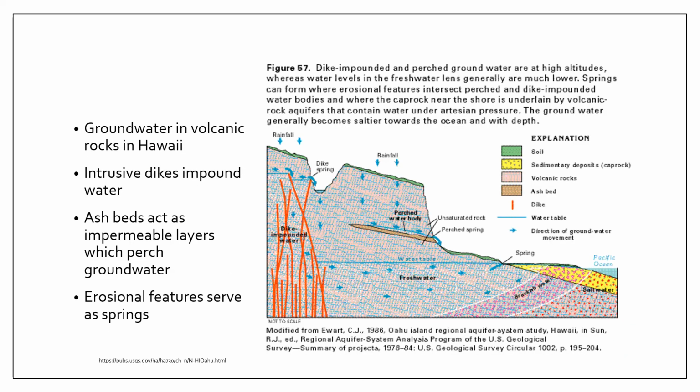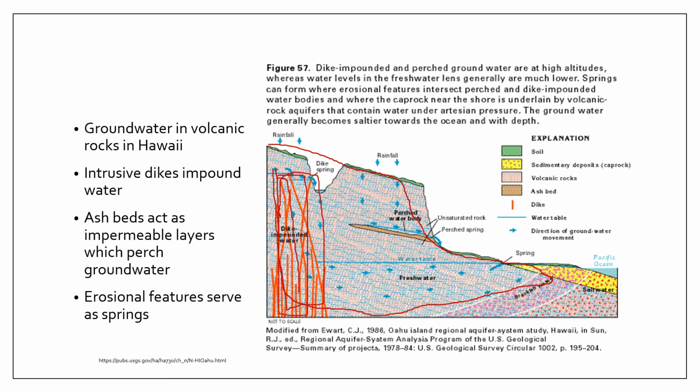All right. This is an example of a volcanic rock aquifer in Hawaii, right? You can see here the cross section of the aquifer, more or less. This is the whole aquifer system, and you can appreciate here how the intrusive dikes are impounding water in here.